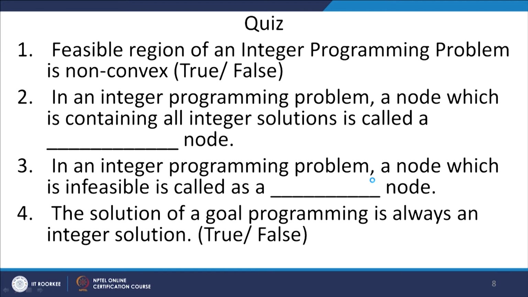Question number 3, in an integer programming problem, a node which is infeasible is called a dash node.